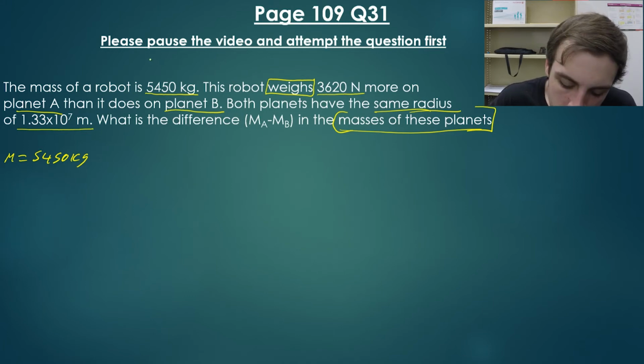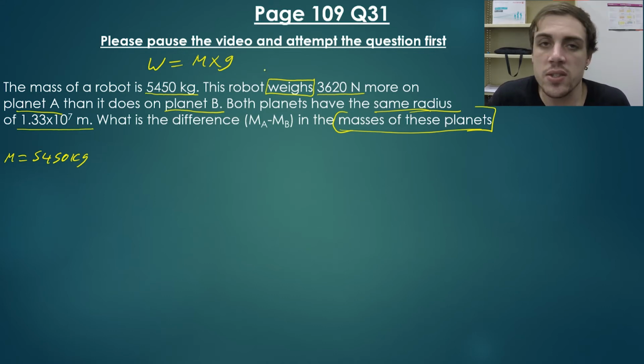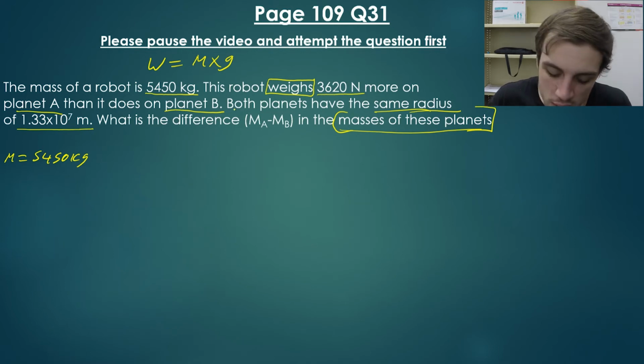Remember, weight is equal to mass times gravity. The mass, awesome. But this is where we're getting into trouble: gravity. Normally I would say it's 9.8 meters per second squared, happy days. But because we saw planets, we cannot assume they're going to have the same gravity as Earth. So we cannot make that assumption here.